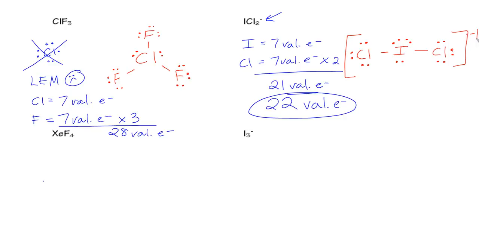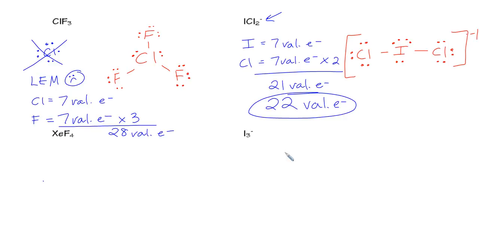You could draw legitimate structures that might have double bonds or triple bonds or whatever. The most stable is always single bonds if possible. So for example, you could do this. If I had 3 iodines, it's real similar. It's going to be 22 electrons.